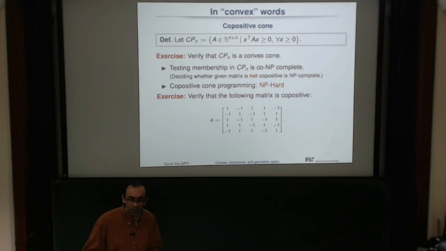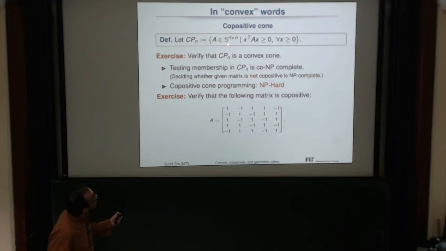A convex cone is just a set K where if X belongs to the set K, all non-negative multiples of X also belong to this set K, and the set is in addition convex. So that's a convex cone. Semi-definite matrices trivially form that cone. Let's say A is a symmetric n by n matrix, and this cone consists of all those matrices which are non-negative for non-negative vectors.